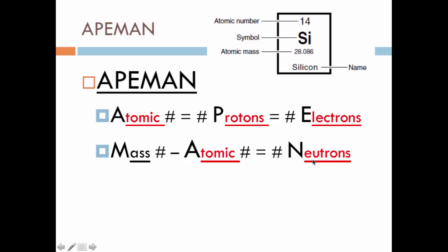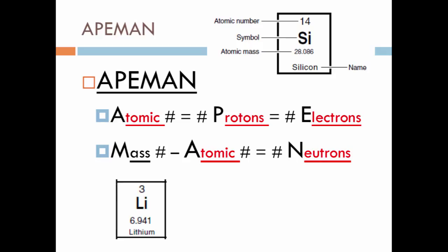So there you go, APEMAN. Atomic number, this one right here, gives you protons and electrons. And then you take the mass number, subtracted from the atomic number to give you neutrons. Once you have figured out the protons, neutrons, and electrons of an atom, you should be able to draw it, replicate it, or answer any question about it.